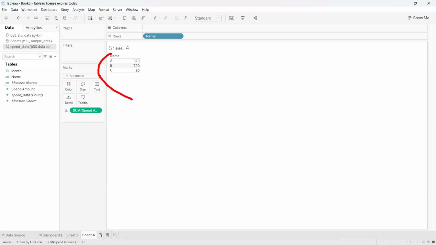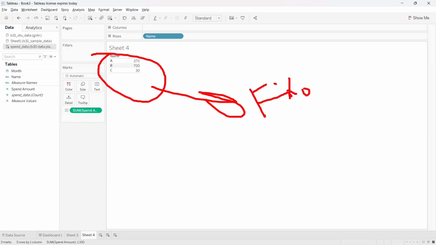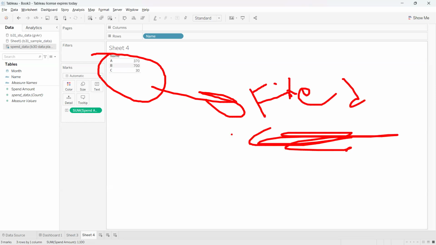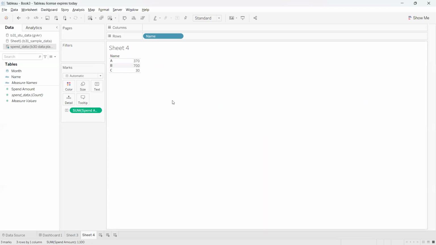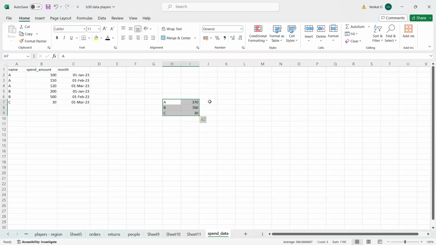Now, whatever we are doing in this sheet, I can do the same thing with the help of fixed LODs. I'll tell you this a bit later. So after aggregating this data, I have one question for you. What is the total amount here?